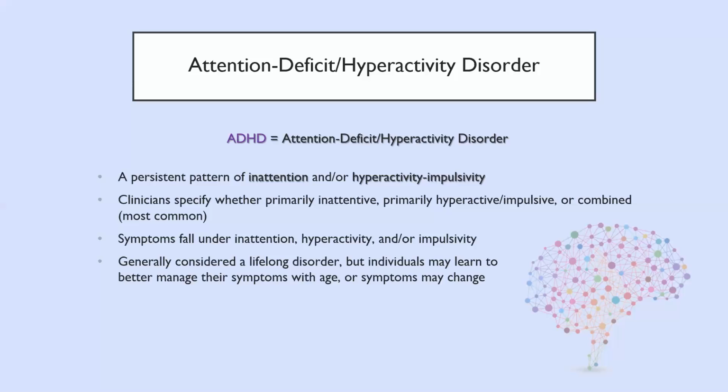Is there anything else I want you to know about this one? In adulthood, impulsivity might remain more of a problem than hyperactivity, and that might be due to simply understanding social norms.